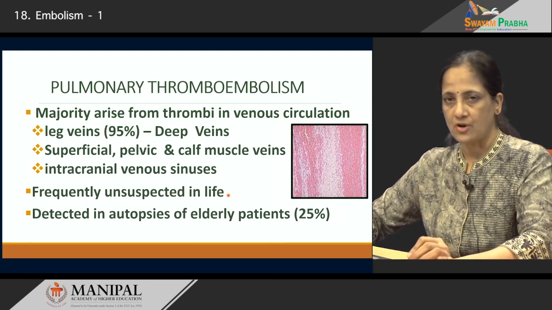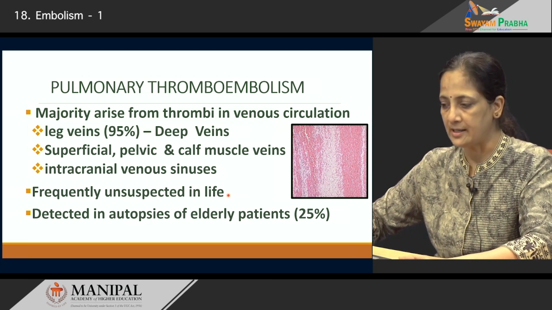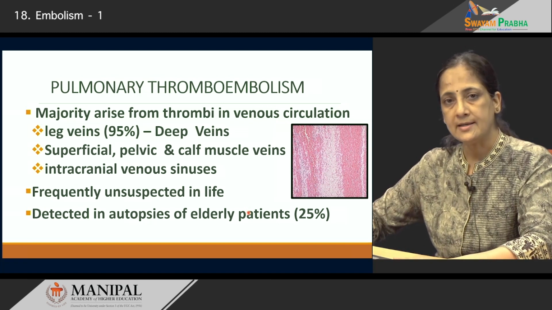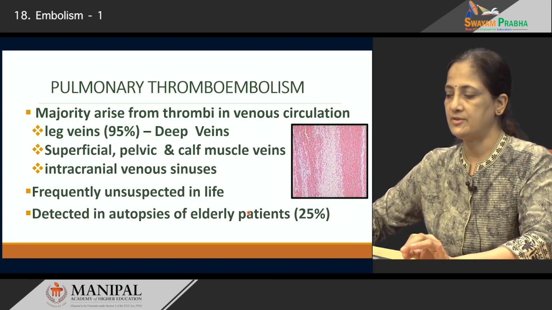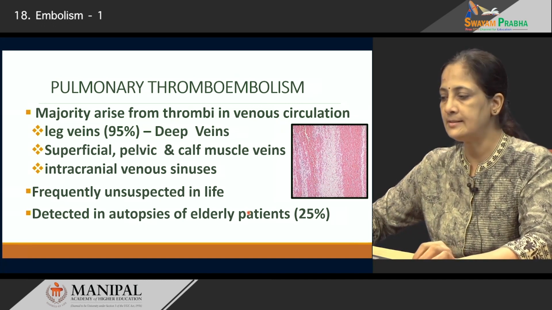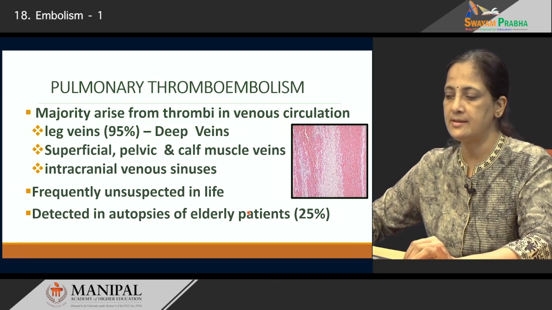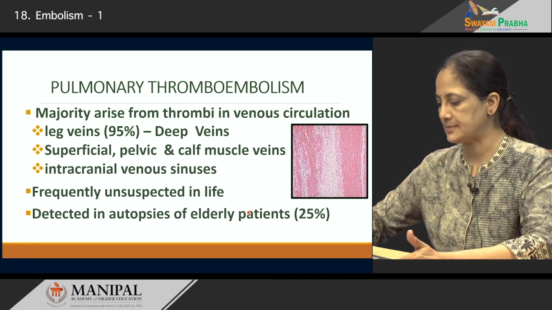Most of these thromboemboli are not suspected during the life of an individual. In fact, autopsy series on elderly patients have shown that about 25% of them have had silent pulmonary emboli, which was never detected during their life, and they probably died of unrelated causes.